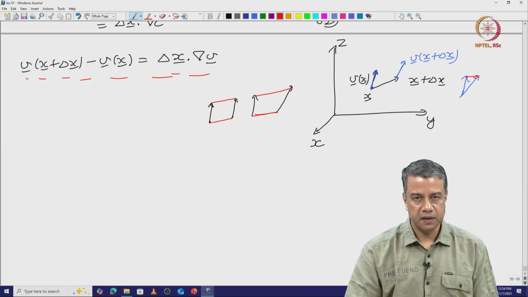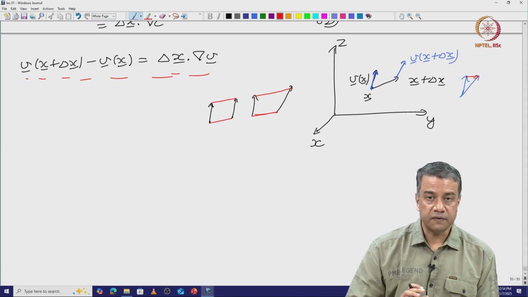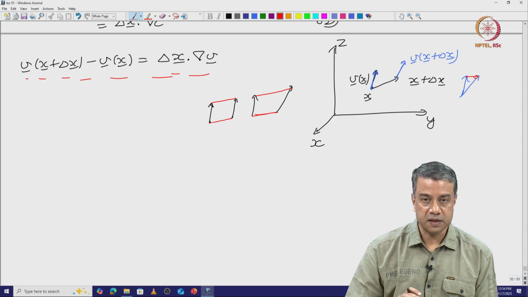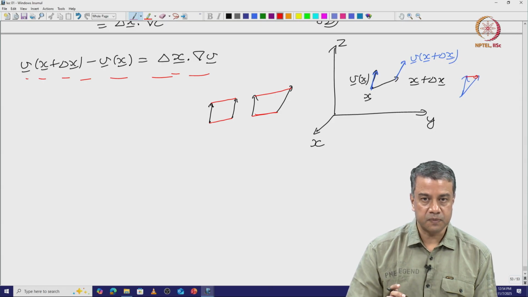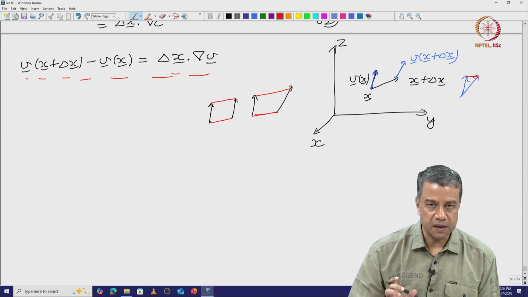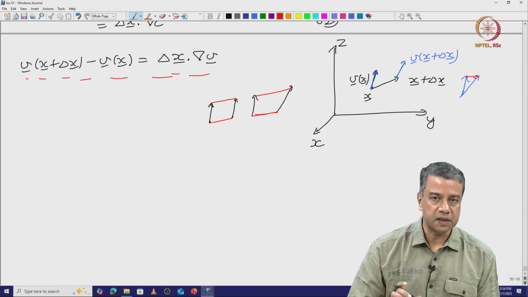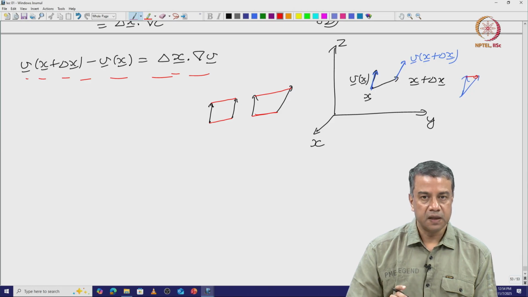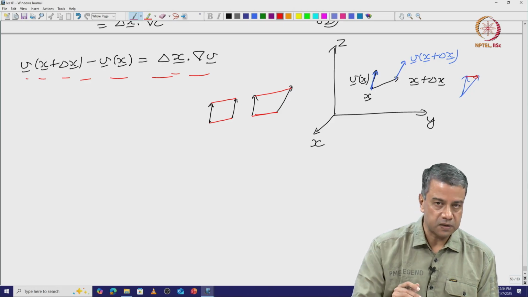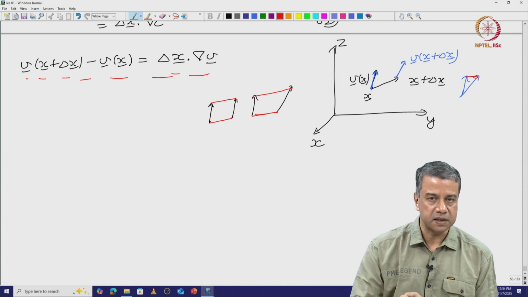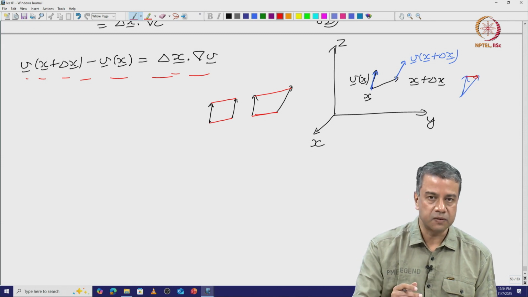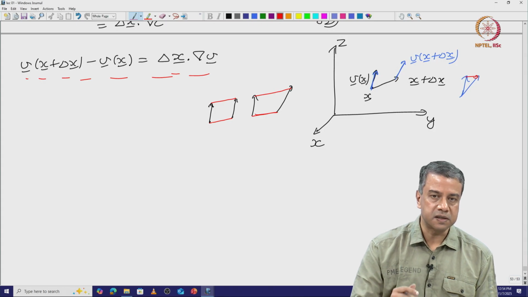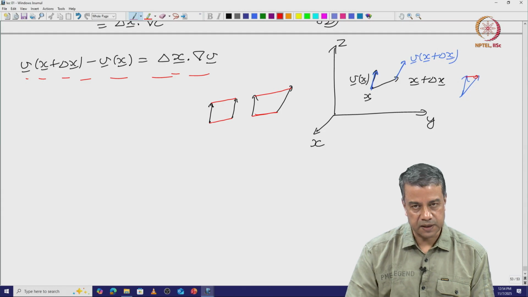Therefore, if the gradient of the velocity is identically 0, that means that the velocity is independent of position. That means that the material fluid elements do not stretch or rotate, and if it is moving as a solid body translation without any stretching, then the stress has to be 0, because for a solid body motion you cannot generate internal stresses if you move the entire fluid with a constant velocity.